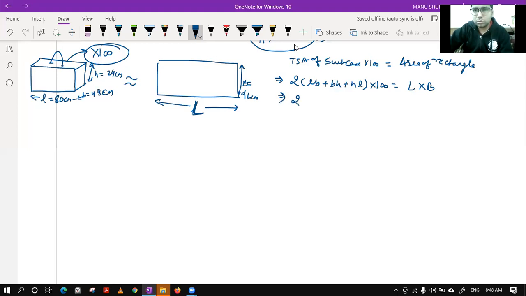Now put the values. It is 80 into 48 plus 48 into 24 plus 24 into 80, into 100 is equal to L into 96. Now please help me with these calculations.